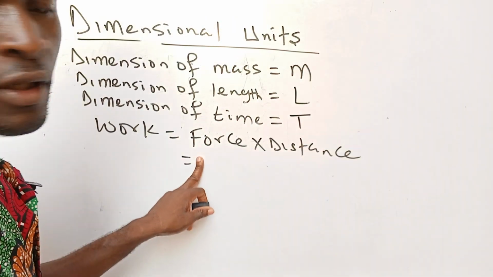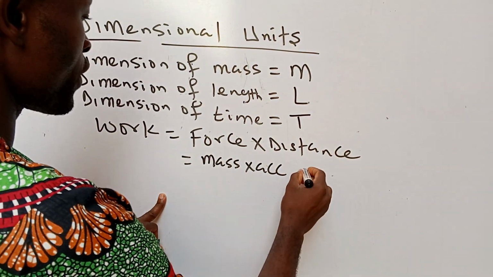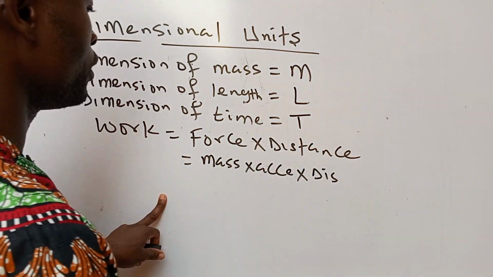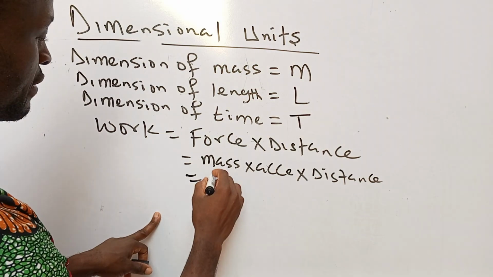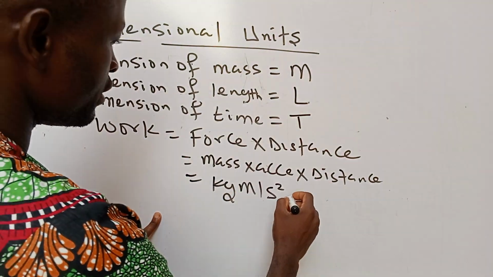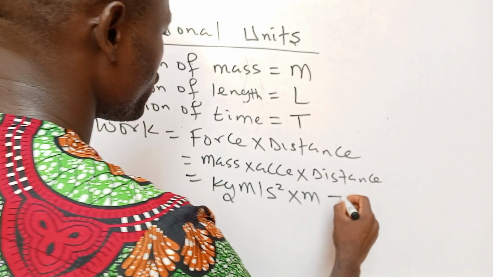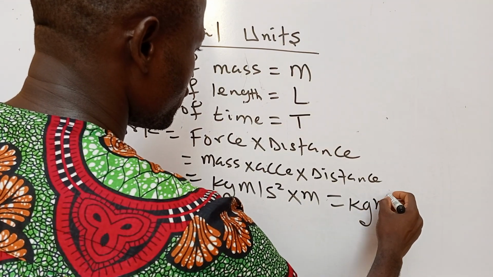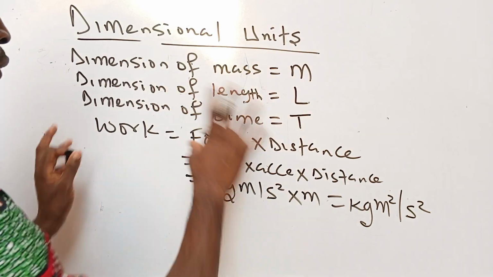But force is mass times acceleration, so we multiply that result by the distance. The unit of mass is kilogram. The unit of acceleration is meter per second square. Then times the unit of distance, which is meter. So everything here gives us kilogram, meter times meter, meter square per second square. This becomes the derived unit of work.